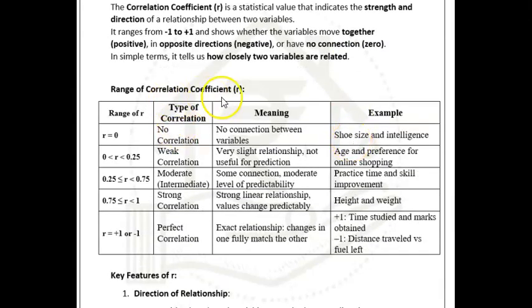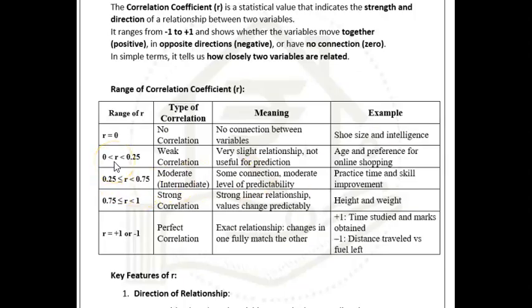Range of correlation coefficient. If R is 0, no correlation, which means no connection between variables. Shoe size and intelligence, no connection.